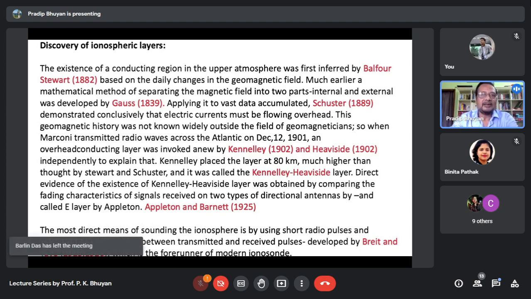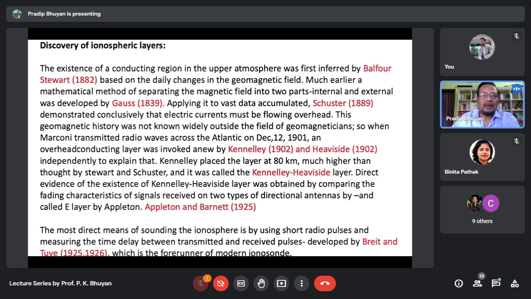You send a pulse, switch off the transmitter, switch on the receiver, receive the pulse, and then calculate the height using the appropriate equations. You can get it displayed on your computer or any other display device, CRT, etc. And then you can reduce the time to the height from where it has come back.